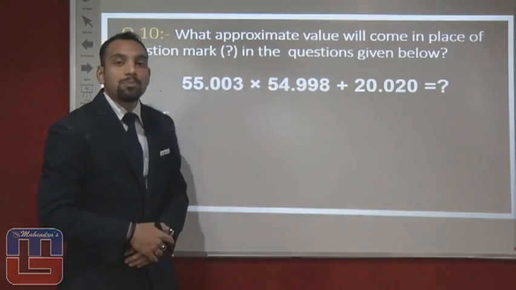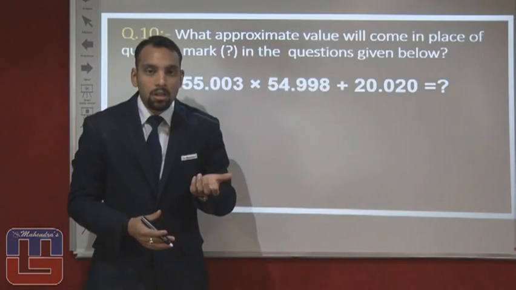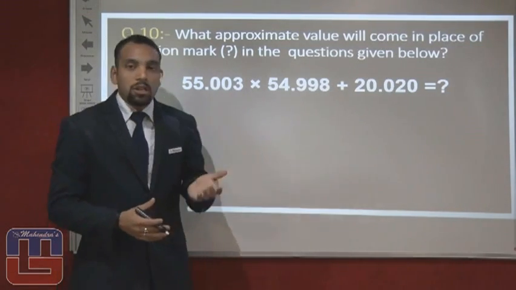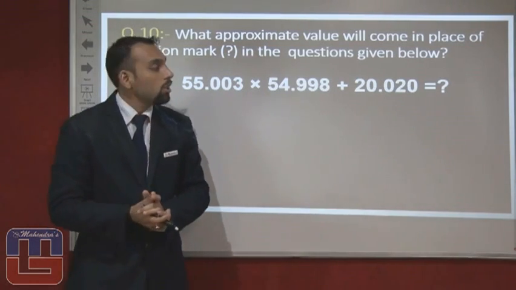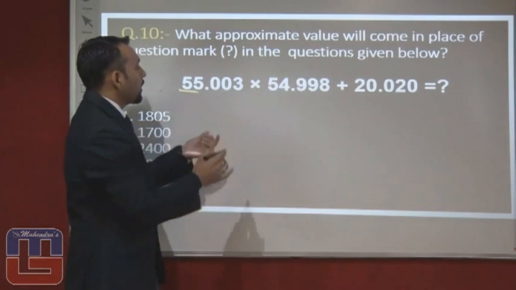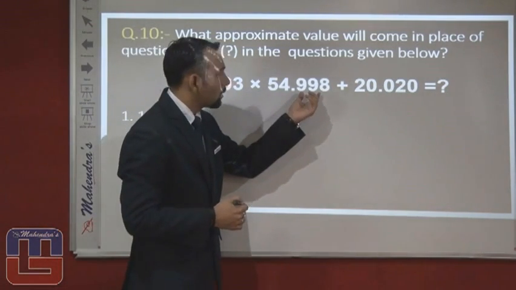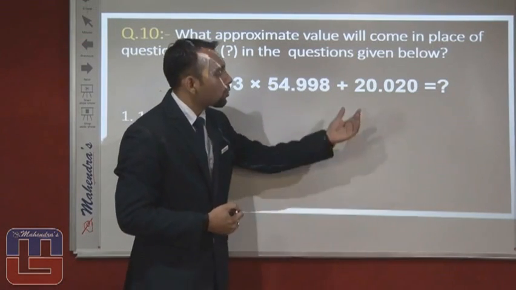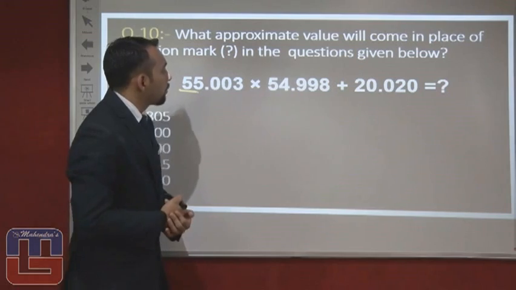The next question is from simplification, and the question is from approximation. Now in your examination, you will get questions from approximation as well. So how we will solve such type of question? Now see, this is 50.0003, 54.998, and this is 20.020. Now how we will solve?